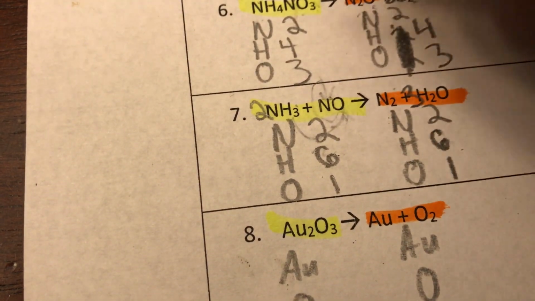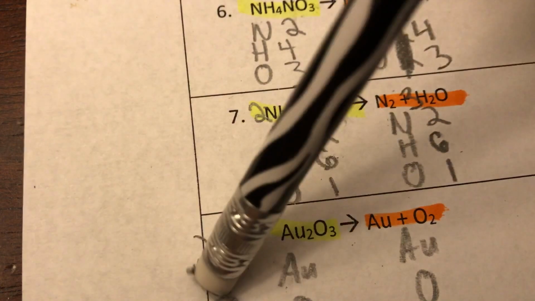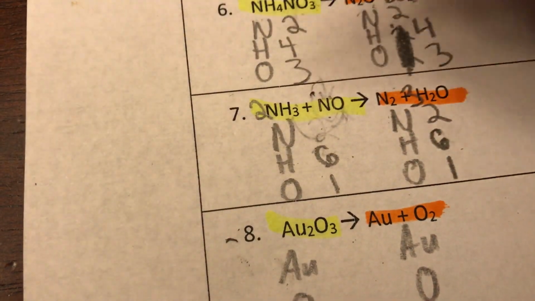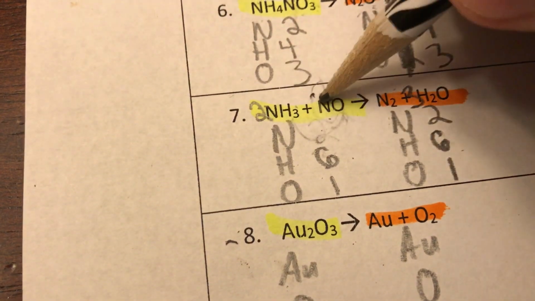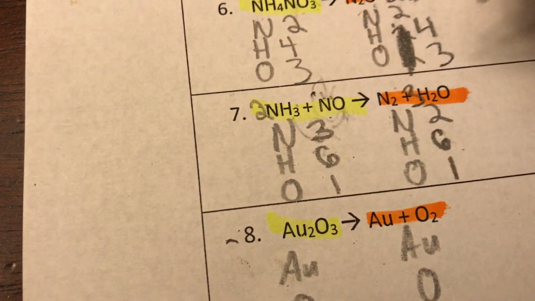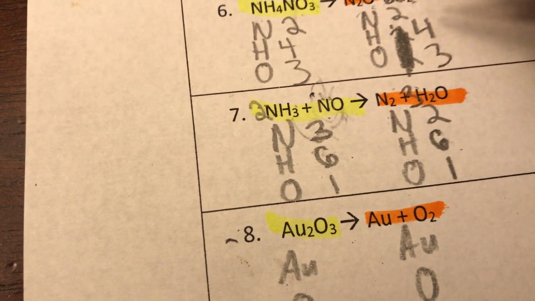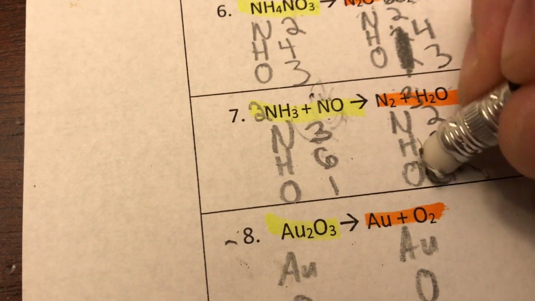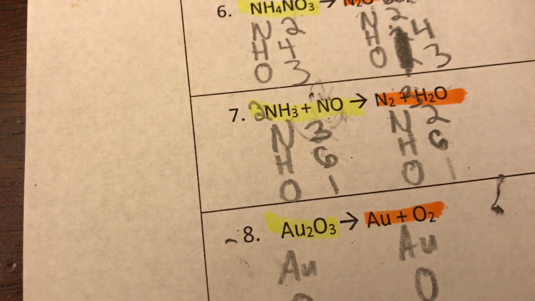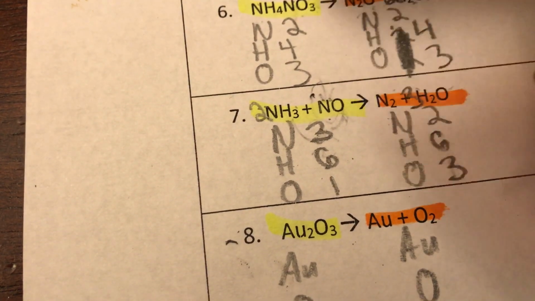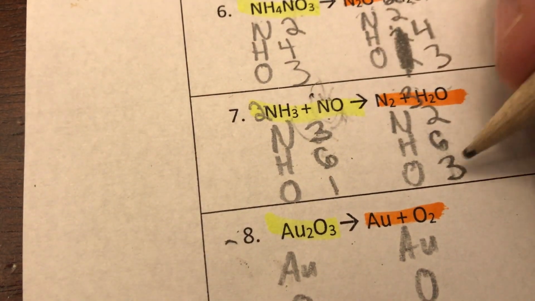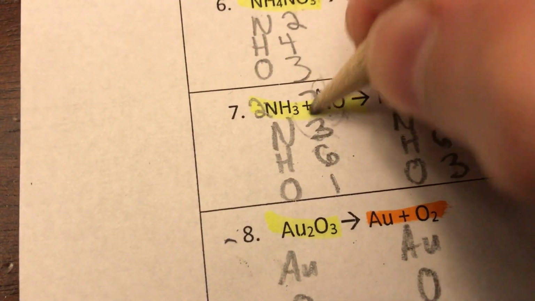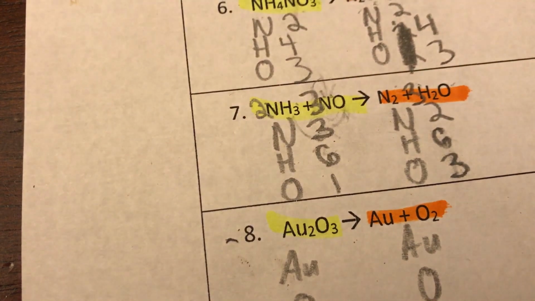But I've done a lot of extra stuff with that now. So now my nitrogens become 3 on this side because I've got 2 here and 1 here. And my oxygen on this side is also going to become 3. So now, since my oxygen's 3 here, I've got to put a 3 here to get another 2 oxygen into it.